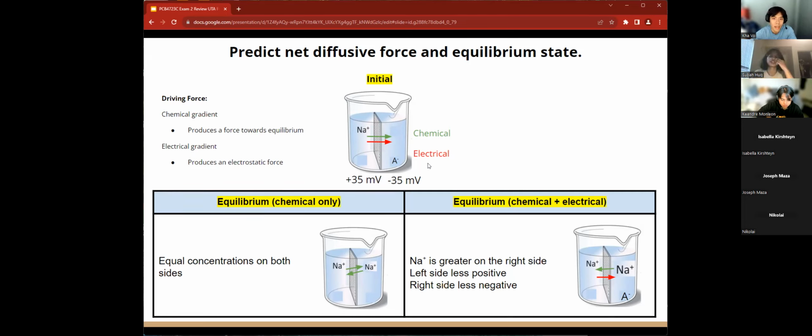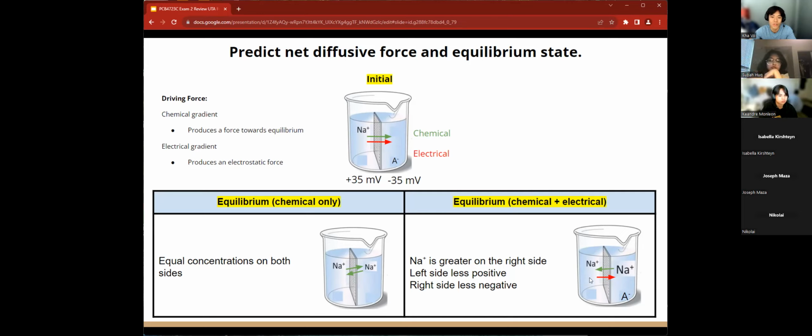Obviously, that can't occur because what first happens is, as we can see, the chemical gradient and the electrical gradient are pushing the sodium to the right side, right? And like I said, the only way to neutralize this negative charge is if we transferred all of the sodium over. However, eventually, let's just say we reach half sodium on the left side, half sodium on the right side, the right side is still a negative charge due to the anion present here, right? So after chemically you reach equilibrium, the negative charge still exists.